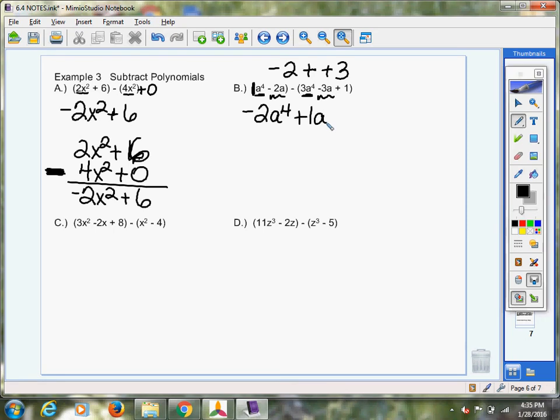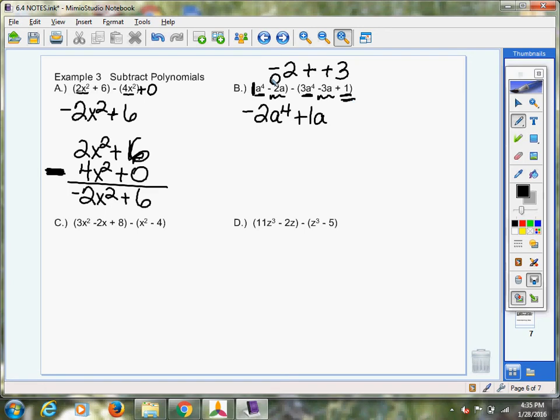Now the last one is this little Lone Ranger right here. There's a plus 1 there. Now don't just drop that down, okay? You are subtracting it from something. Now I don't see that something up here in the a to the 4th minus 2a. So when you don't see a constant number, you're going to imply that it's got to be 0 there.